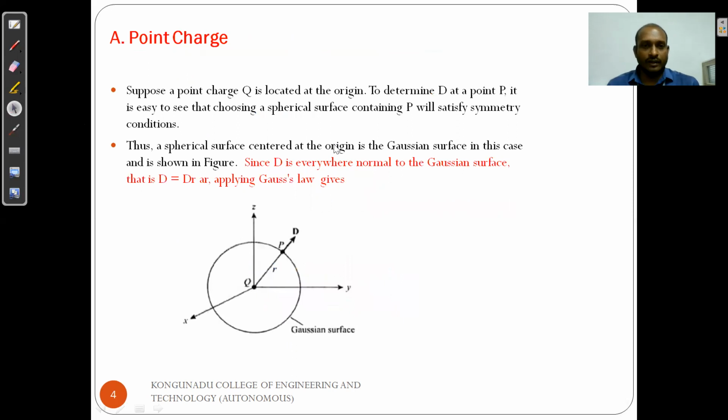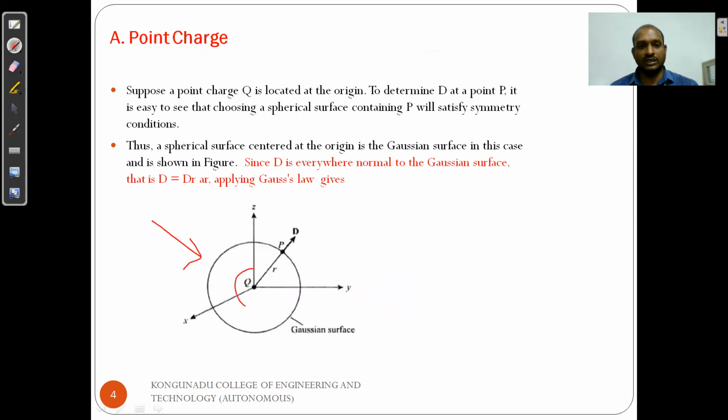Next, with the help of Gauss law, I'm going to find the electric flux density due to a point charge. Let us assume this is a point charge, spherical in shape.